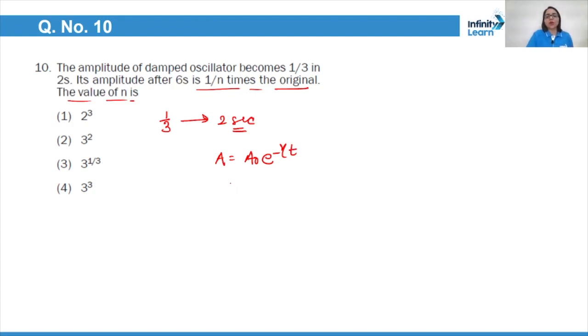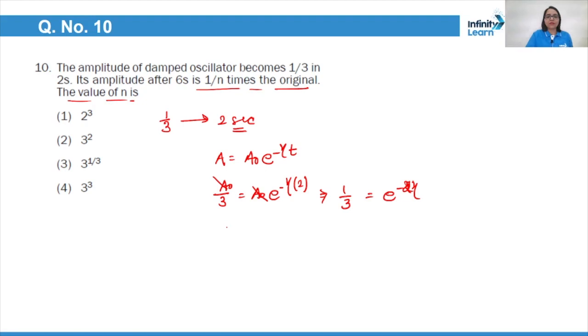Over here it is given that in 2 seconds, amplitude becomes 1 by 3 times the original. So A will be A naught by 3, which is equal to A naught e power minus gamma into 2. So you can write 1 by 3, the A naught will cancel.